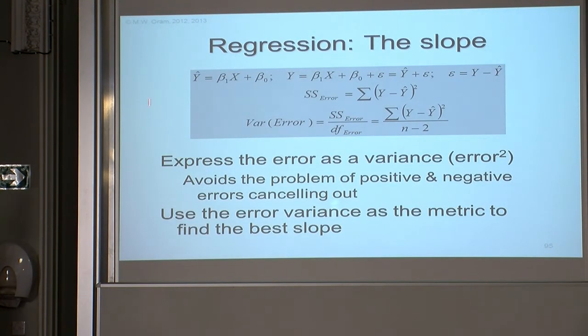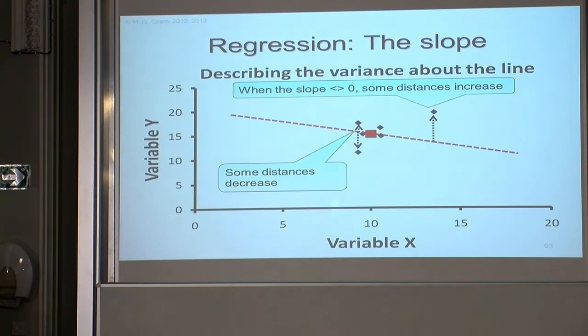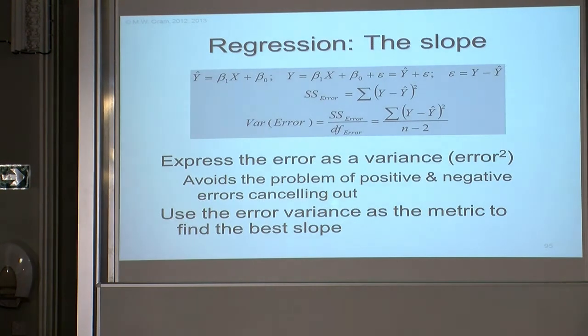So this is how we do it. We now have to use an estimate of y, that's the value of the slope at a given x. So it's that point there, that point there. It's our estimated value of the dependent variable.